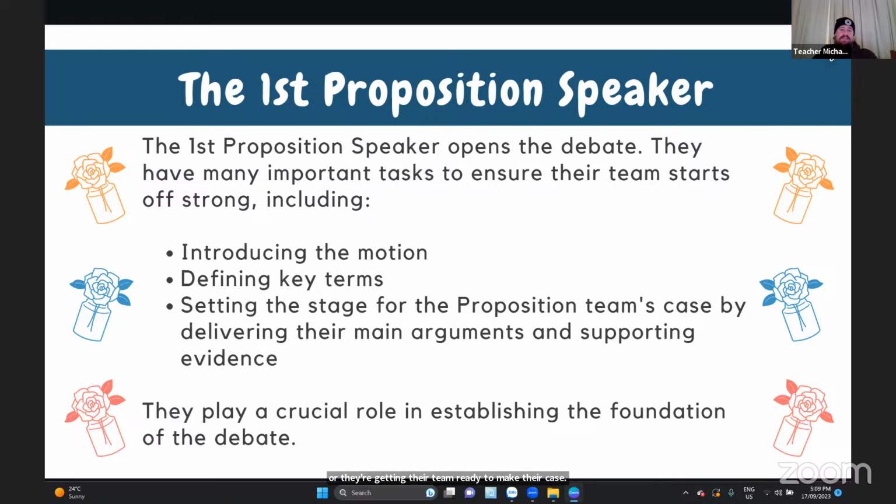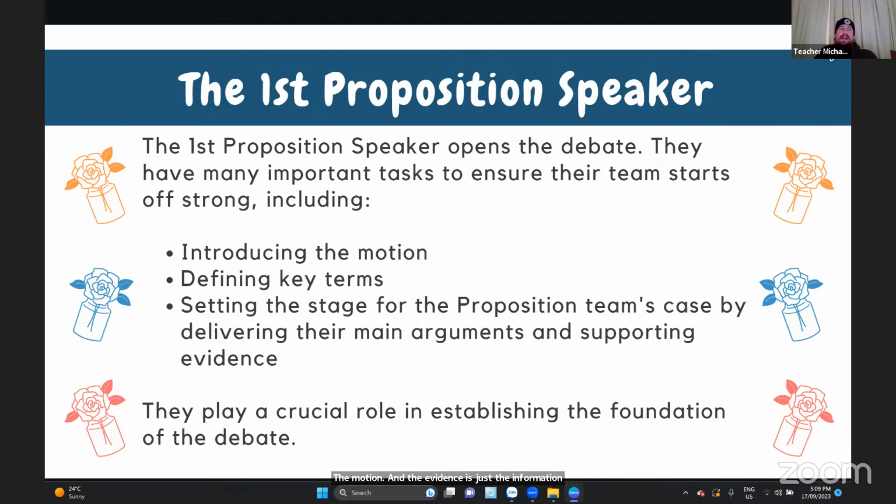When they deliver their main arguments, an argument in a debate is like a reason why you believe or you don't believe the motion. And the evidence is just the information that we find that supports our arguments.